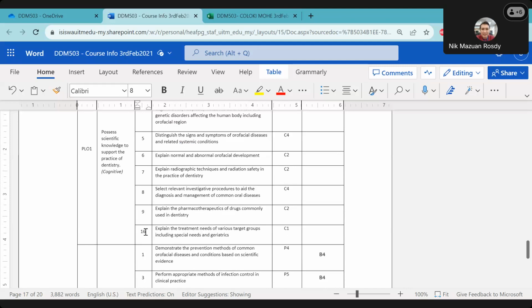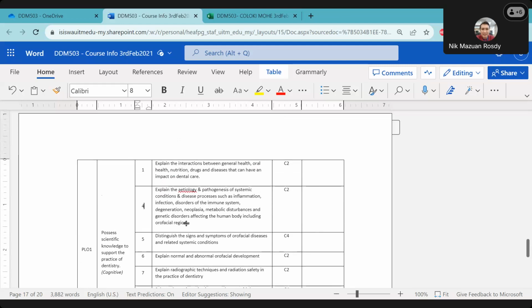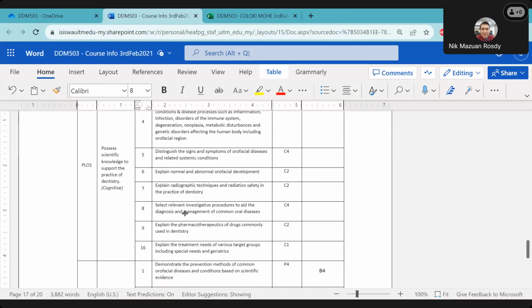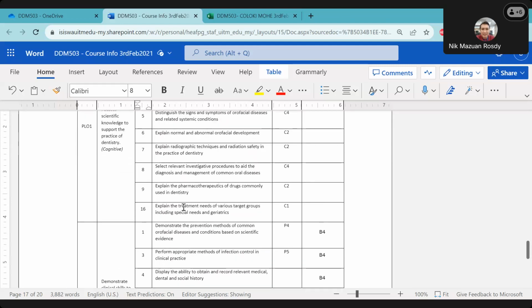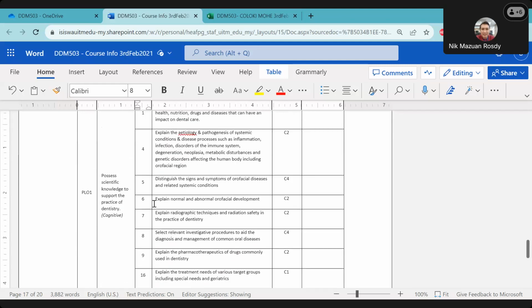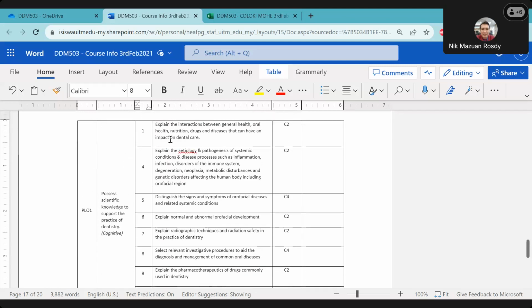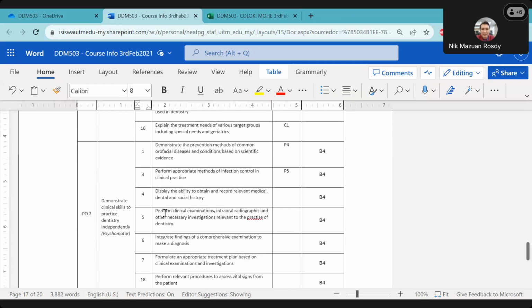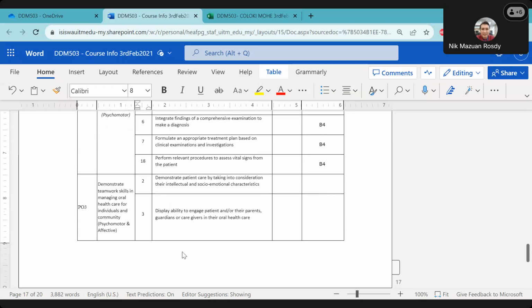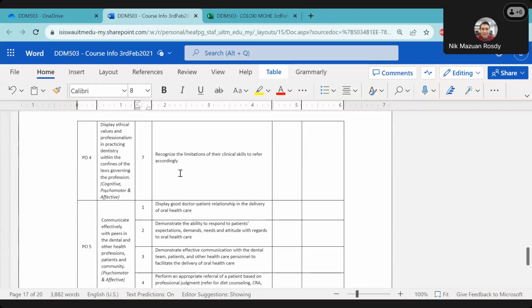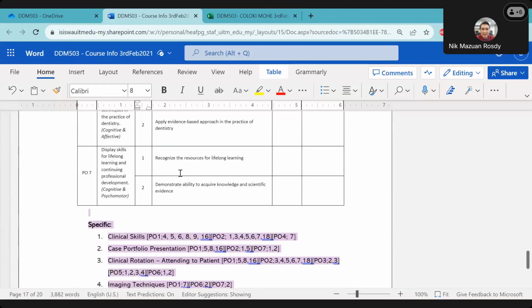It's for other courses. So basically, we have to list all the competencies pertaining to our course only here. If you look at my course, I address PLO number 1 with such criteria, PLO number 2 with such criteria, PLO number 3, PLO number 4, 5, 6, 7.